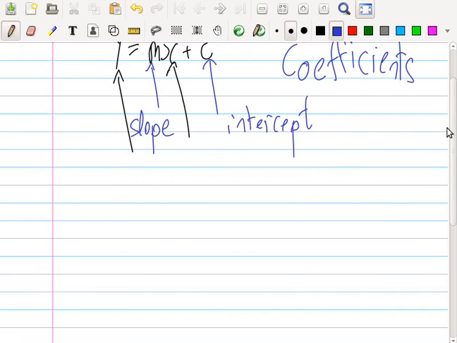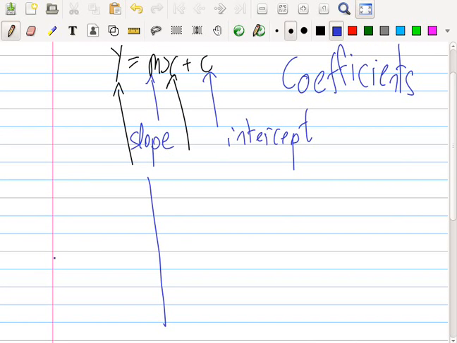Sorry, I'll go back up a little bit. This here is called an XY graph, or just a graph, or Cartesian graph. What's this piece called? Does anybody know? The x-axis. And then this one here is called the y-axis.